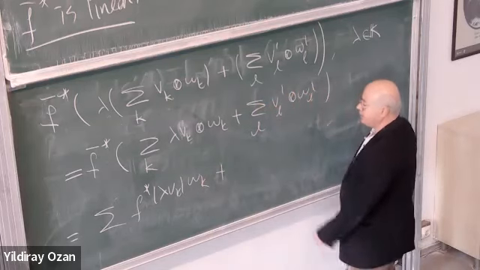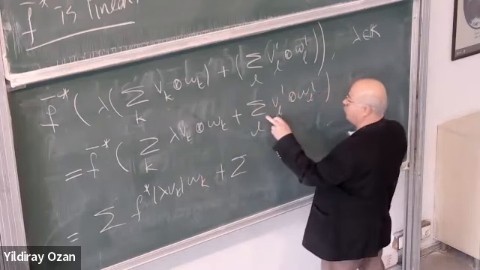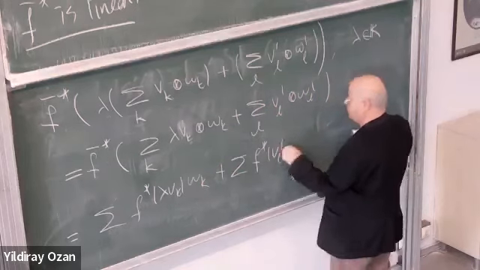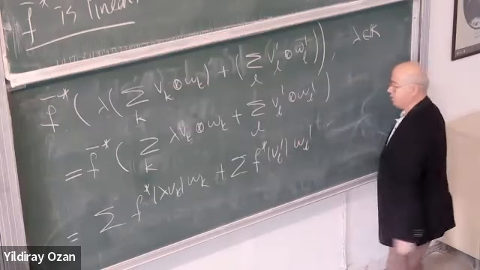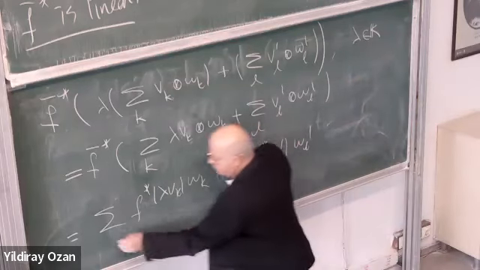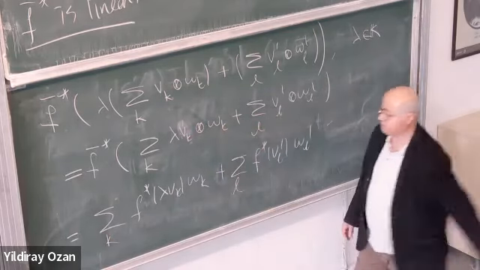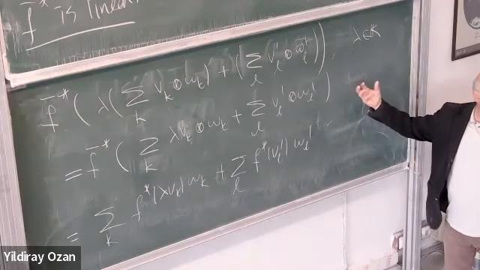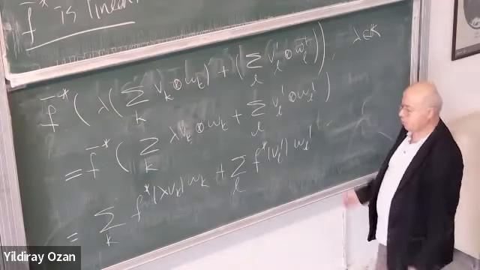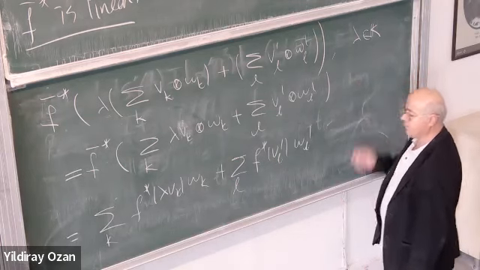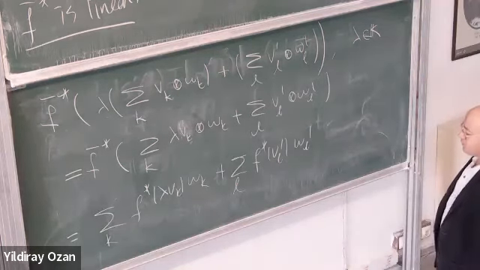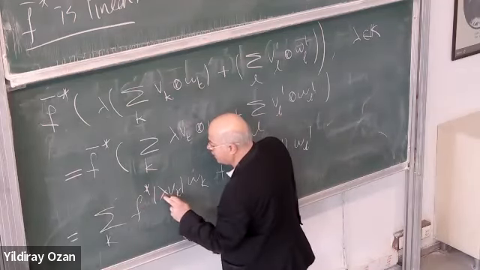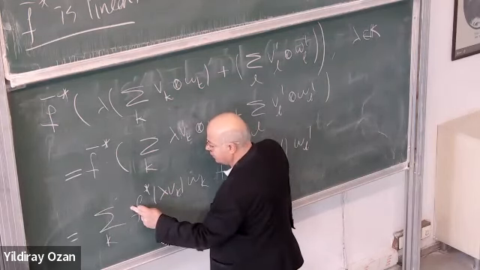Plus, and then same thing for this part of the summation, F star v l prime w l prime. I write it as two different sums, but actually you may just consider it as a single sum, right? So there is no problem with that. And what is this? Here, since F star is linear, I can take this lambda outside.